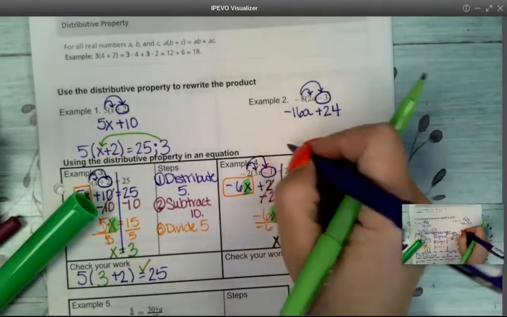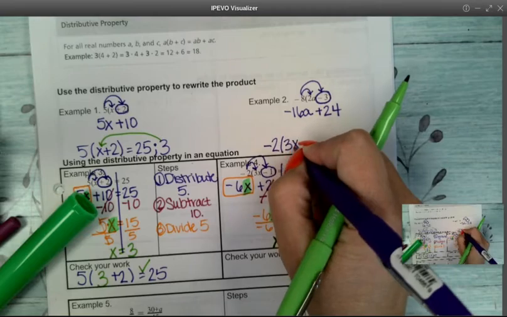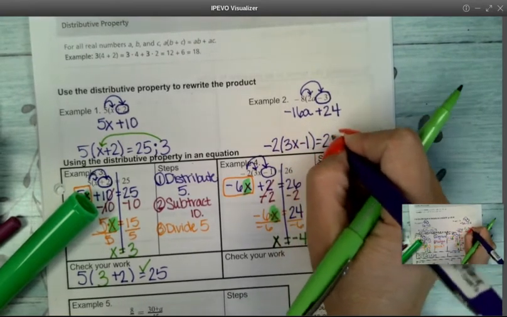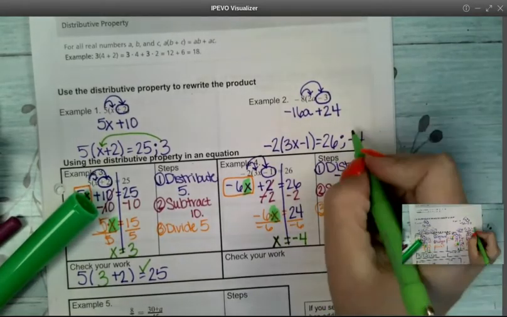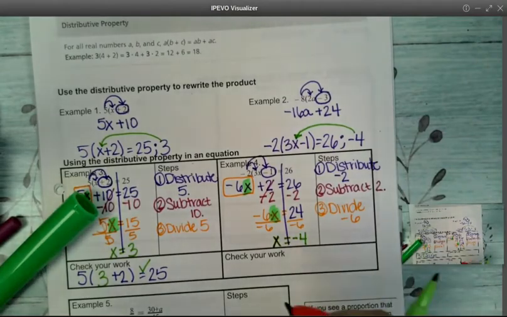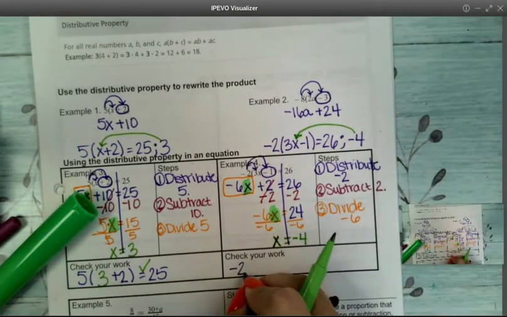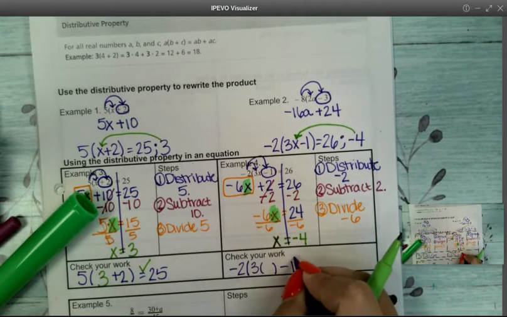Again, the fancy way that they'll show you on your assignment, it will look something like this with a semicolon and then a -4. All they want you to do is plug in that -4 where you see the x. Remember, when you plug in things, you're going to want to use parentheses. So I have -2 parenthesis 3, then my x minus 1, close my parentheses.